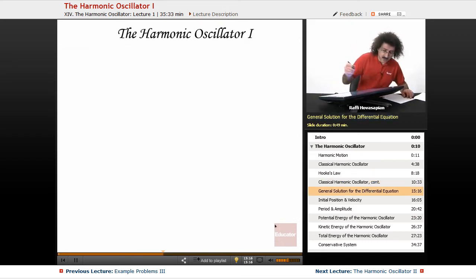Now, the general solution of this equation, I'm not going to go through the actual solution of it. We'll just go ahead and give it to you here.